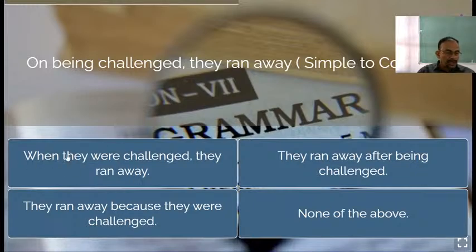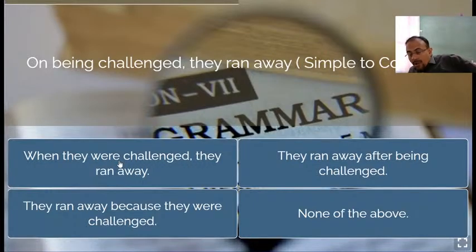But if you study this sentence, when they were challenged, comma, they ran away, it consists of two parts. So whichever sentences you find to be composed of two parts, these sentences are called complex sentences. And another checklist you have to depend on is the connector.